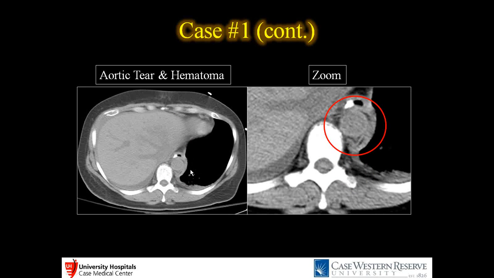At this level, we can appreciate with zoom that there does appear to be intimal disruption posteriorly of the descending thoracic aorta, although the fidelity of the image is not strong enough for us to tell exactly what's going on. But it does appear that there's blood and some disruption of the intima.